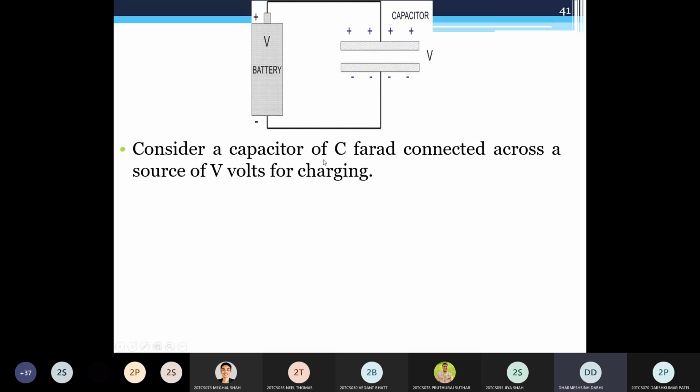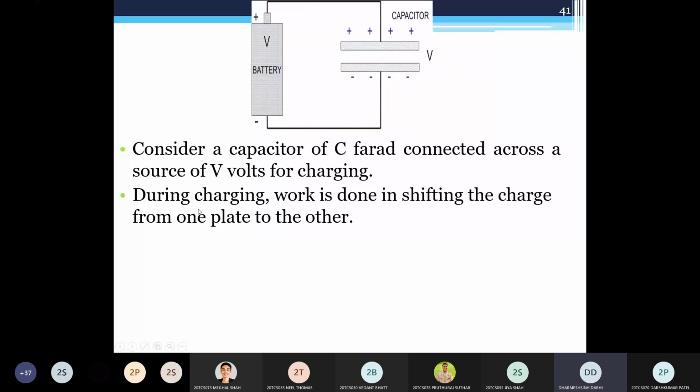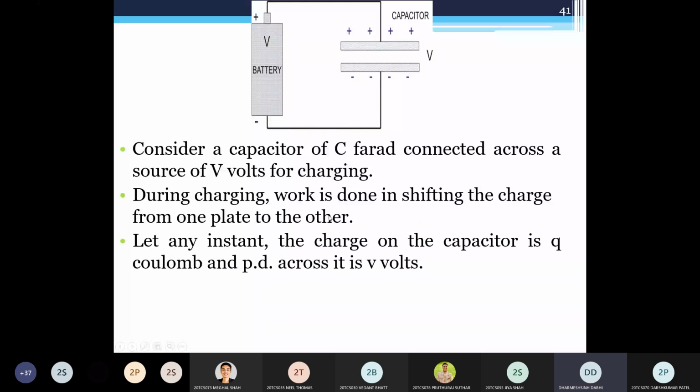So consider a capacitor of C Farad connected across the voltage source for charging. Here is the voltage source for the charging. During the charging, work is done for shifting the charge from one plate to another plate. Suppose at any instant, the charge on the capacitor is Q coulomb and the potential difference across the capacitor is V volt, a small v volt.